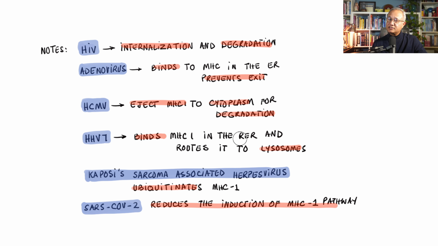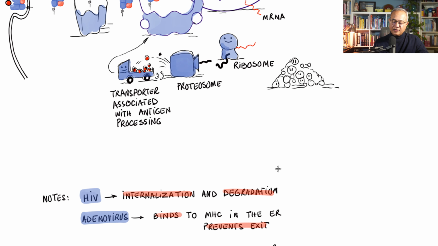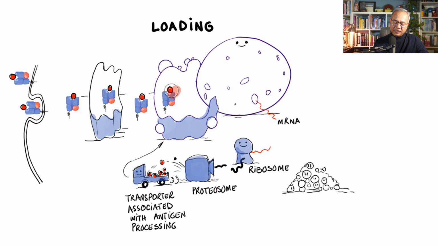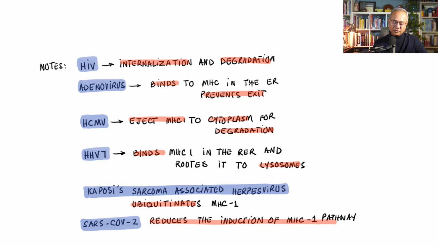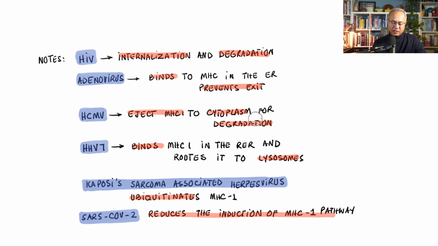Similarly, some adenoviruses bind to MHC in the endoplasmic reticulum and they prevent its exit. So they bind here with the MHC within the endoplasmic reticulum and they do not let it be secreted all the way out. So that is how they try to evade detection.